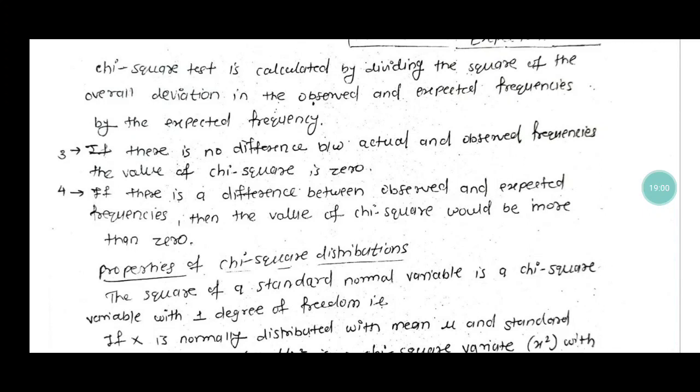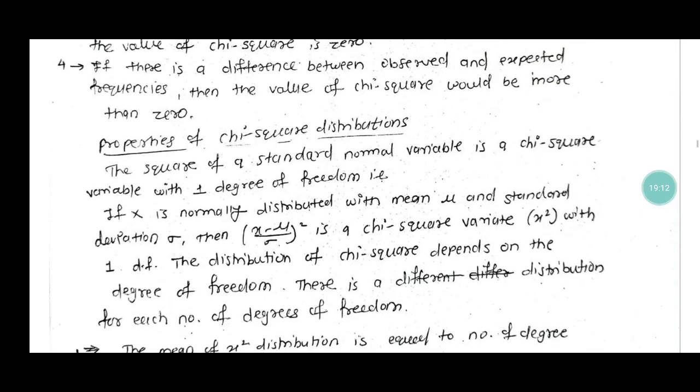Where there is a difference between the observed and the expected frequency, the value of chi-square would be more than 0. As for the properties of the chi-square distribution, the square of a standard normal variable is a chi-square variable with 1 degree of freedom.